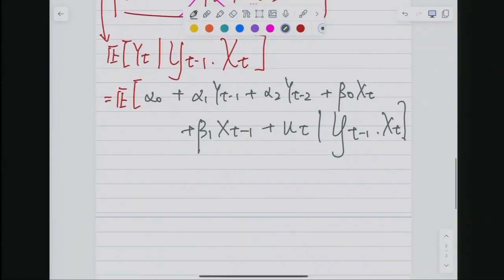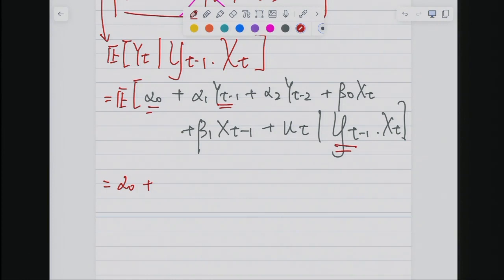So first of all, alpha naught, the constant, doesn't matter. We can just take it out of the conditional expectation. The conditional expectation of a constant is always itself. And for the second term, yt minus 1, it's contained in the information set, the curly yt minus 1. So the conditional expectation of itself given itself is just itself.